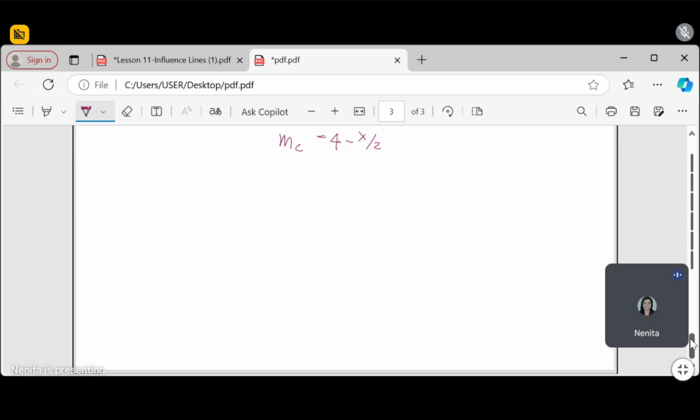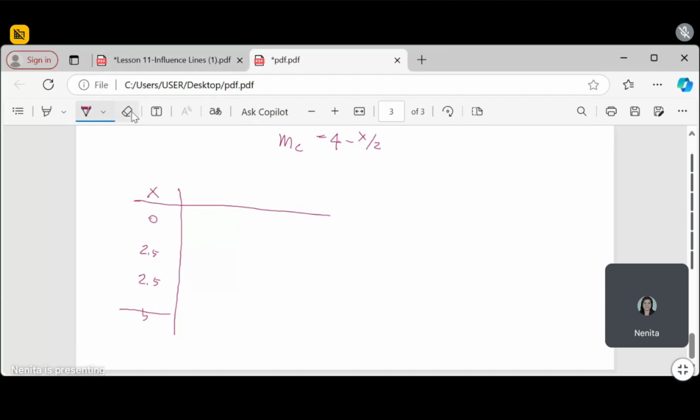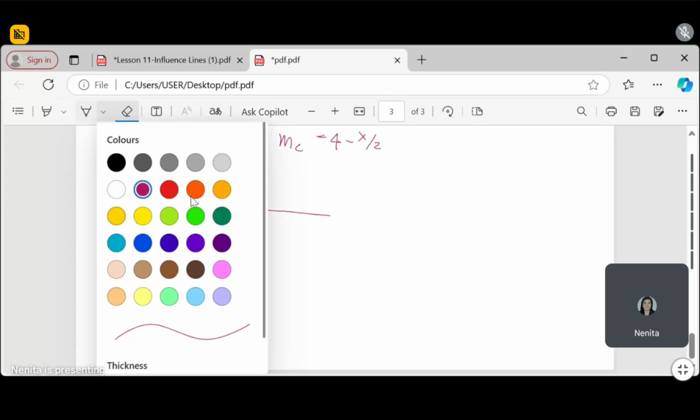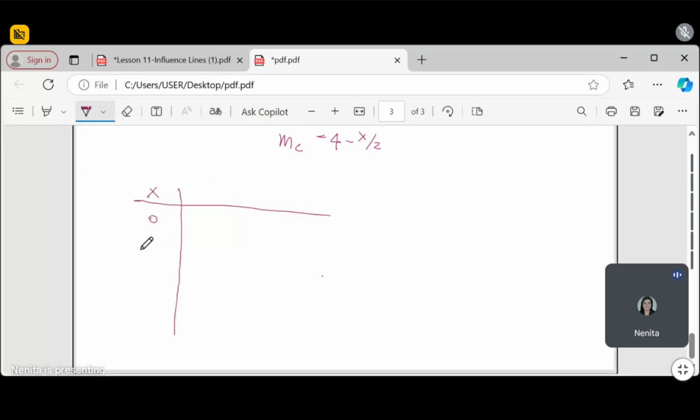Gawin natin ngayon ng table. Ito ang x, sa mga specified points: 0, then 4 meters, ang point C, 4.